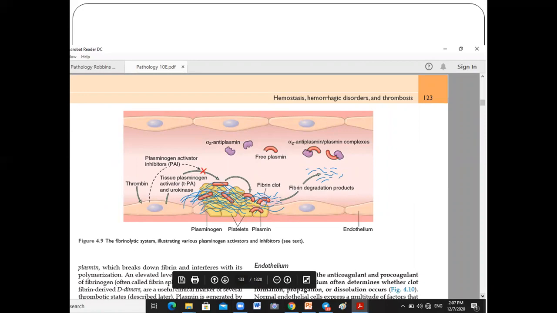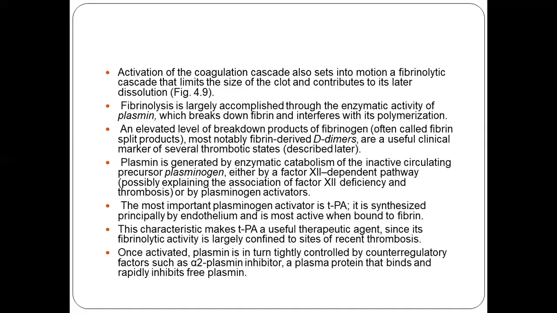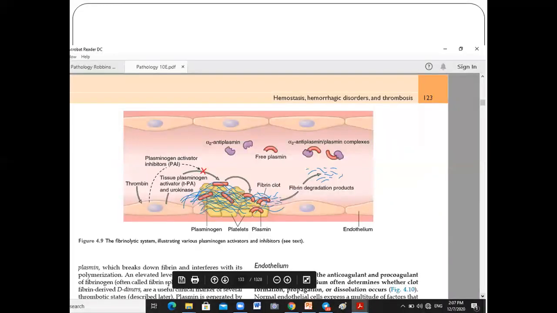So let's see the same text in the picture. This is a little bit complicated. Let's see the picture and what this text wants to say. You can see here, endothelium will produce tissue plasminogen activator, TPA, and urokinase, which help in degradation of the fibrin clot.